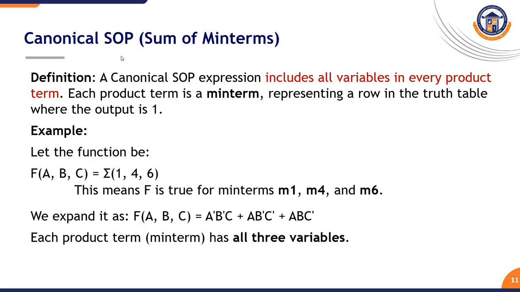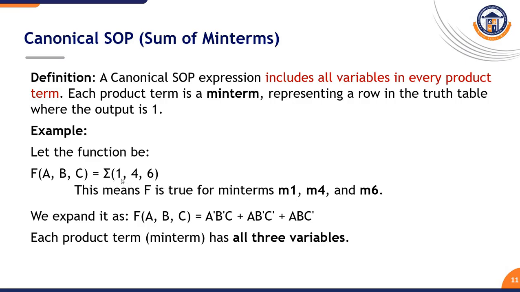And the canonical SOP, in the sense, includes all the variables in every product term. So each product term is a minterm representing a row in the truth table where the output is 1. We are grouping all the minterms having the output 1 in the truth table. Let us have the function as sum of minterms 1, 4, 6.